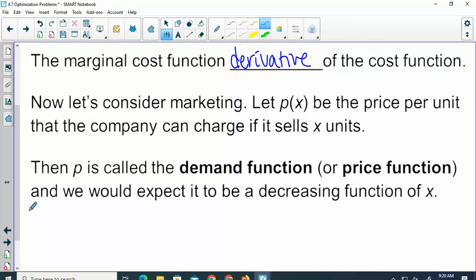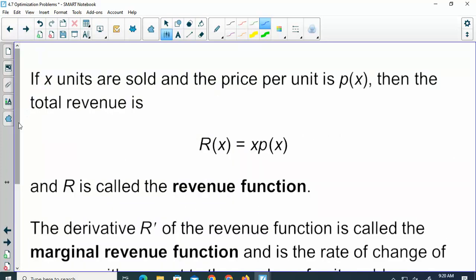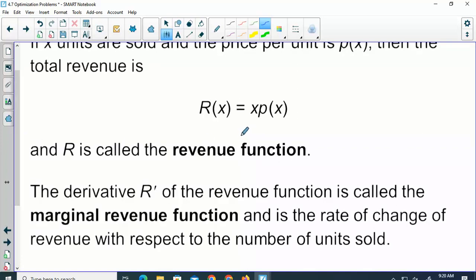Another application has to do with marketing. If p(x) is your price at x units, your demand function or your price function, it should be going down. It's a decreasing function. As there's more available, your price would decrease per item. Revenue is price times quantity.